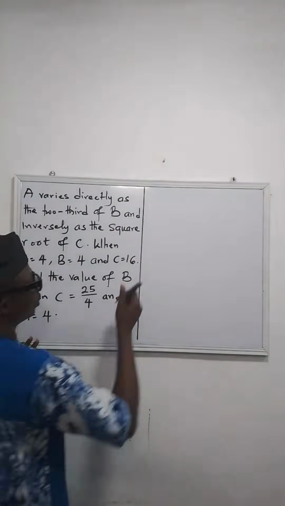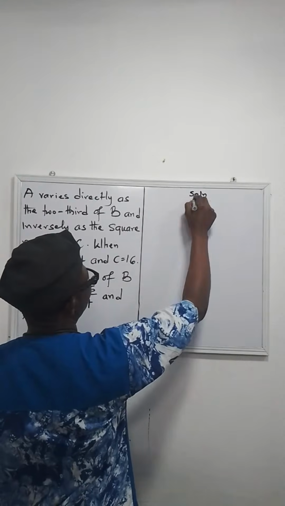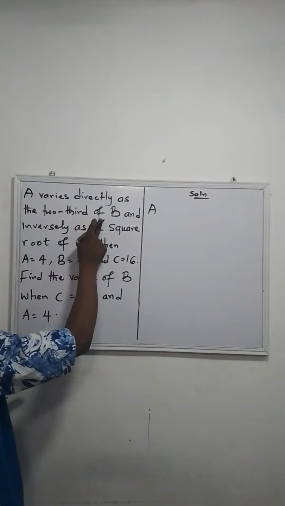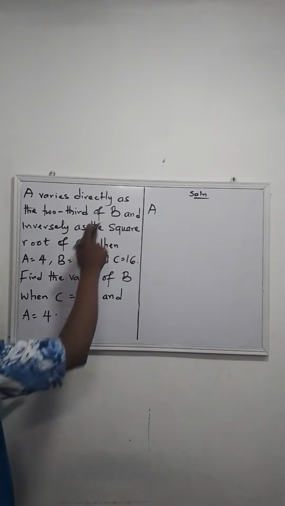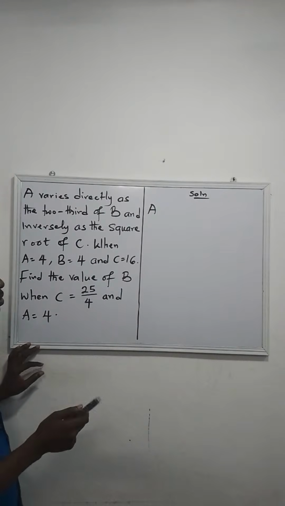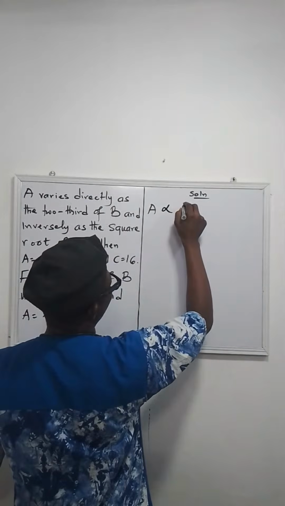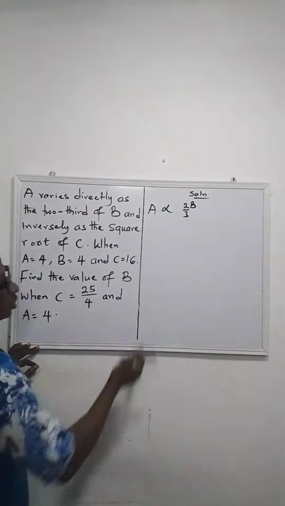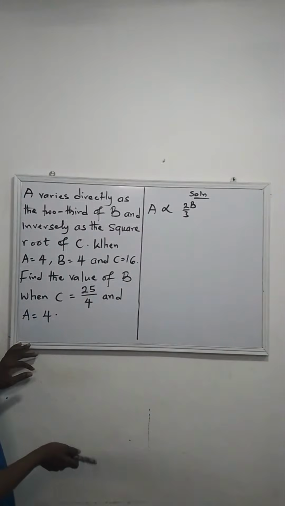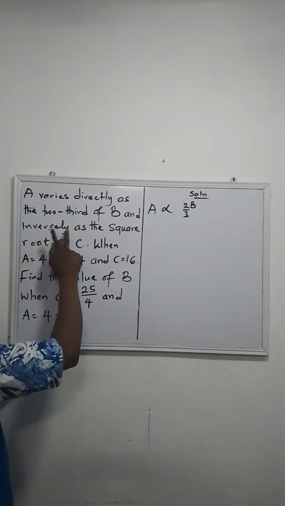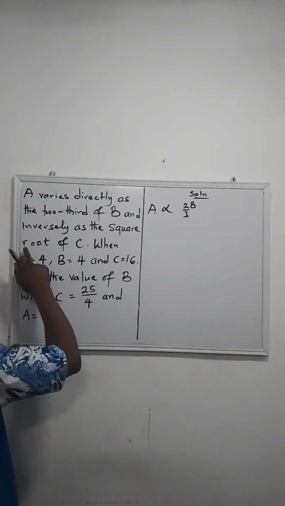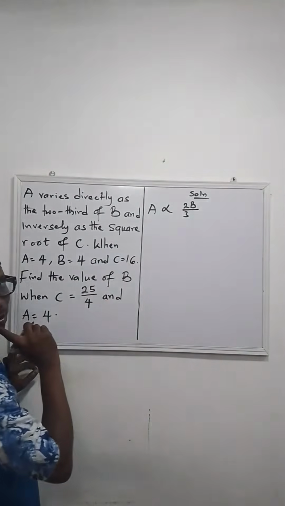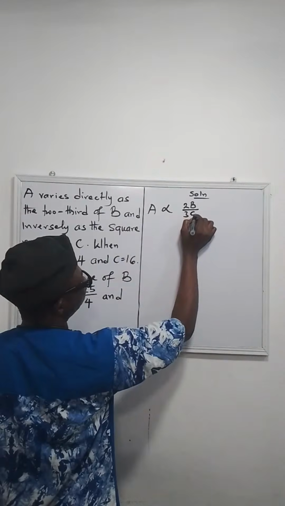Let's go through the question. The question says A varies directly as 2/3 of B. 2/3 of B means 2/3 times B. And inversely as the square root of C. Inversely means the reciprocal of C, so that comes down.